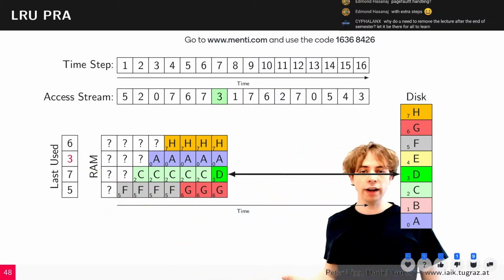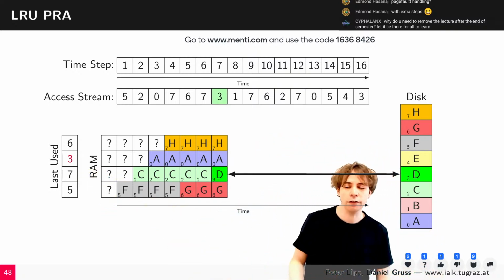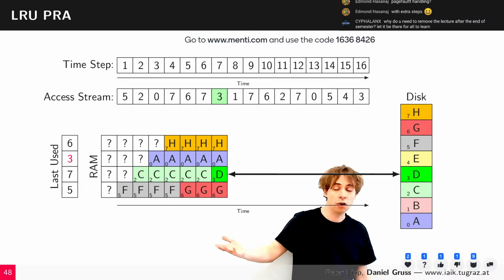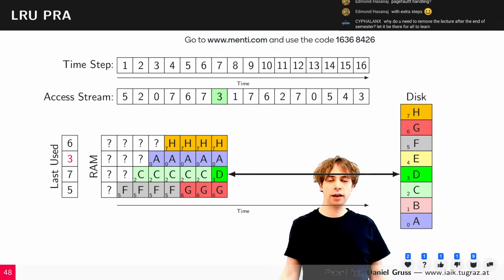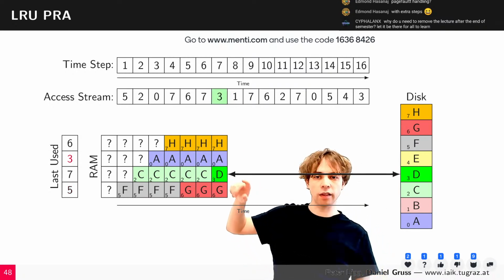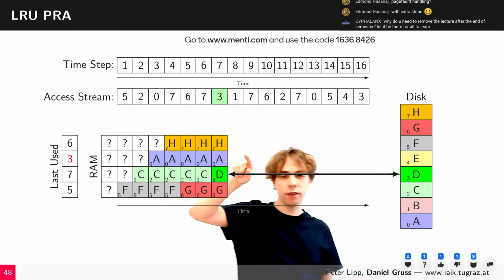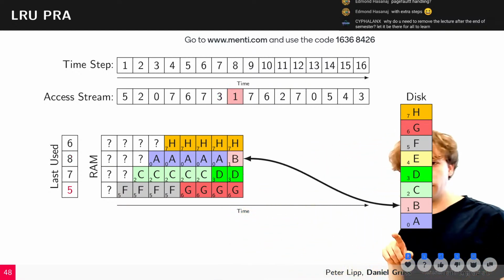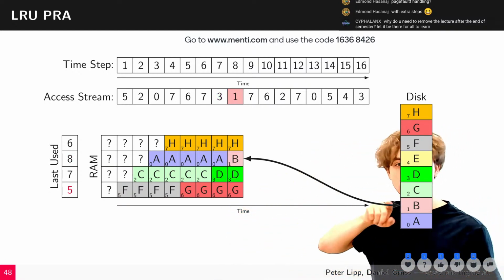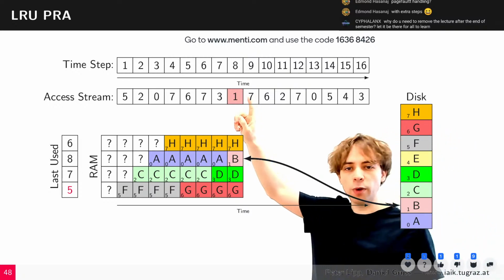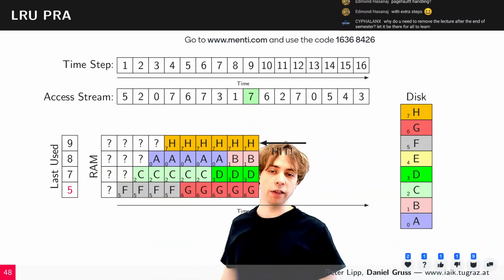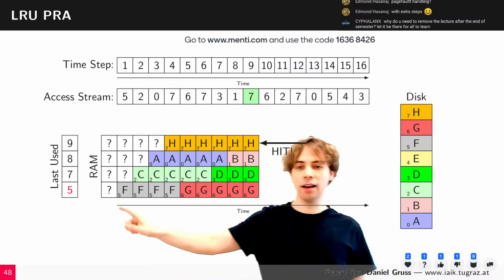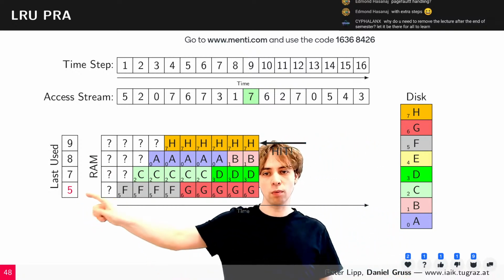And here you can already see that the algorithm behaves now a bit different than, for instance, clock that we've just seen before. Okay. In the next step, this one will be evicted by the access to offset 1. And then in the next step, we have another hit. That's great. This is now very recently used. That's offset 9. And this one is now the least recently used one.